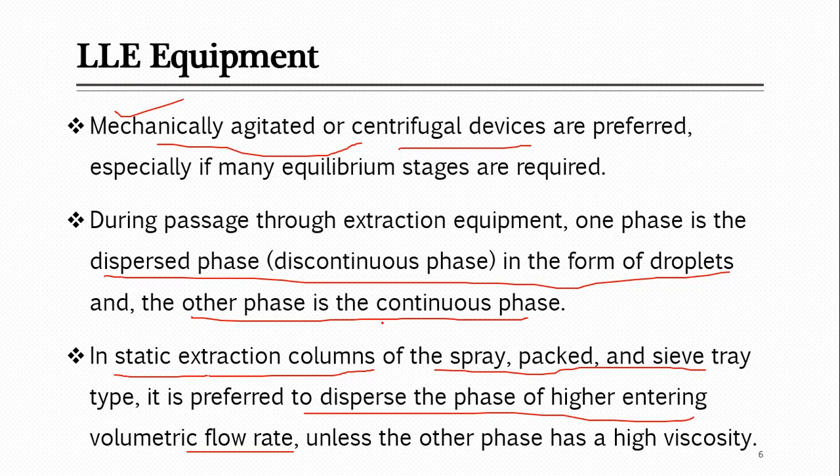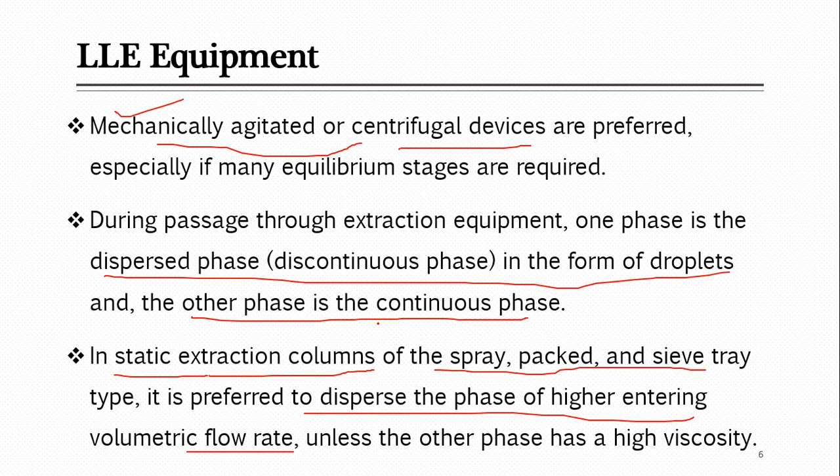When something has high viscosity, if you disperse it in the form of small droplets, it will improve its contact with the other stream. If something is highly viscous and you don't disperse it in the form of droplets, it will move in one stream and make less contact with the others surrounding it.